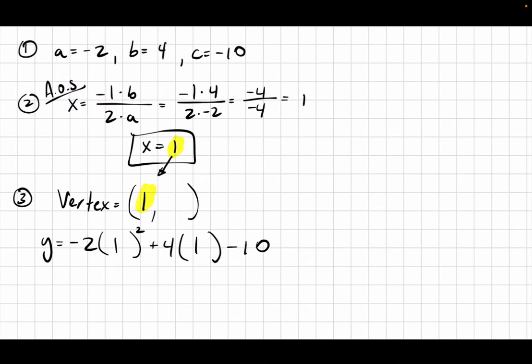So -1 times 4 is -4, and then 2 times -2 is -4 as well. So they divide and make it positive.